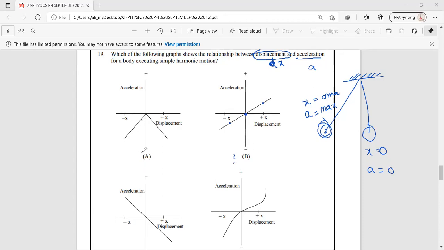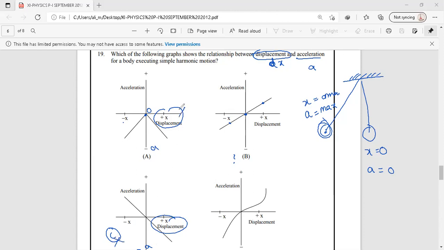In option A, at mean position, the displacement is zero, so the acceleration is zero. And when the body is moving from negative displacement to the mean position O, the acceleration is increasing. In this option, and in option C, the positive displacement has negative acceleration.